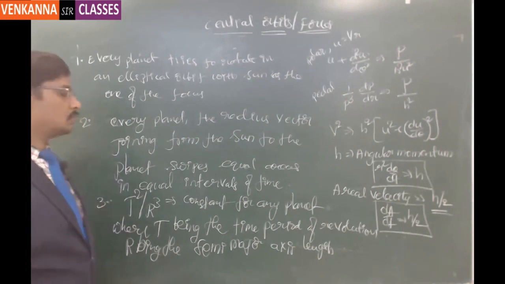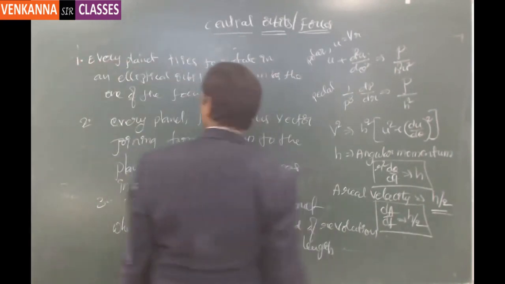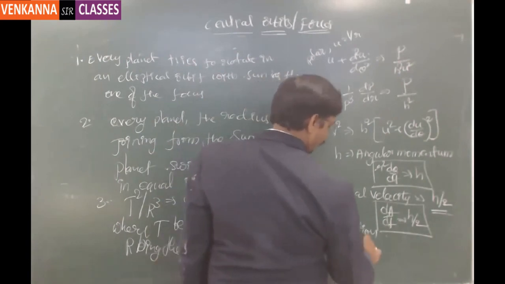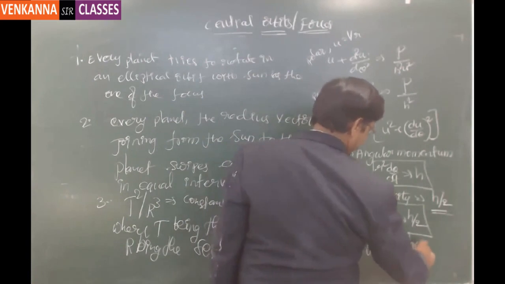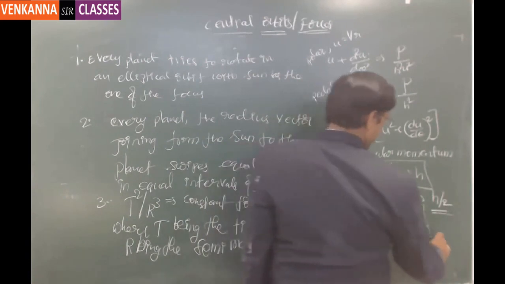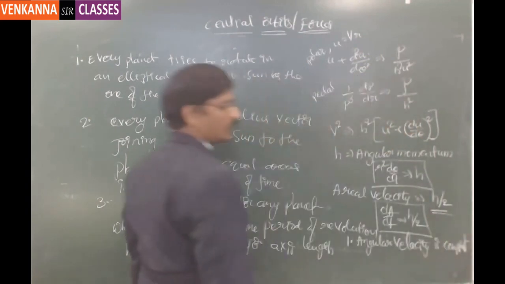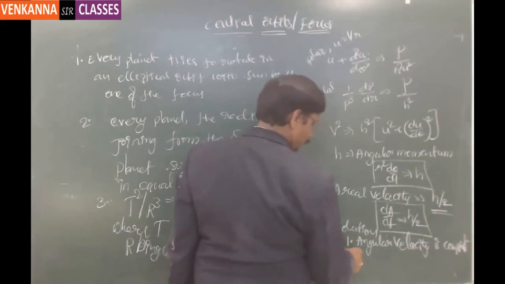Got it? So from these relations, for any central orbit we have derived two different properties. One is that angular momentum is constant for any planet or any central orbit.